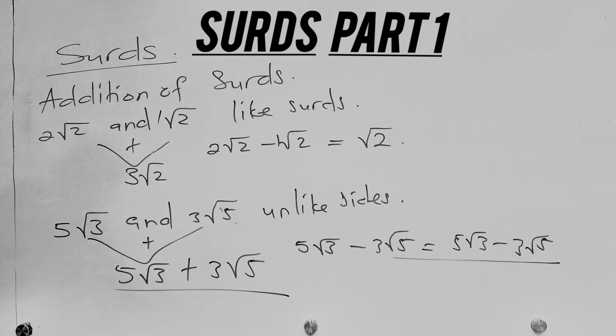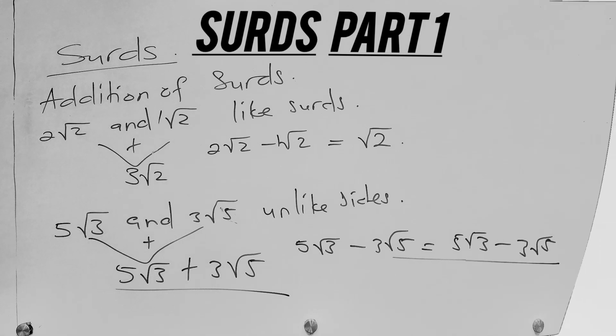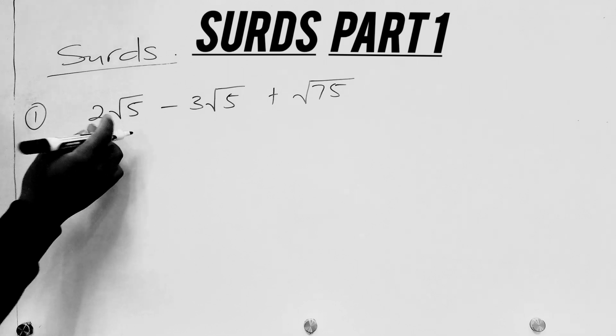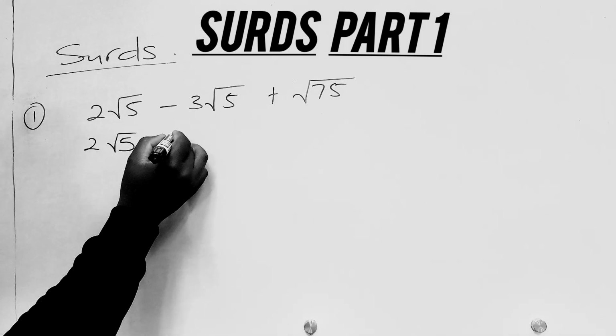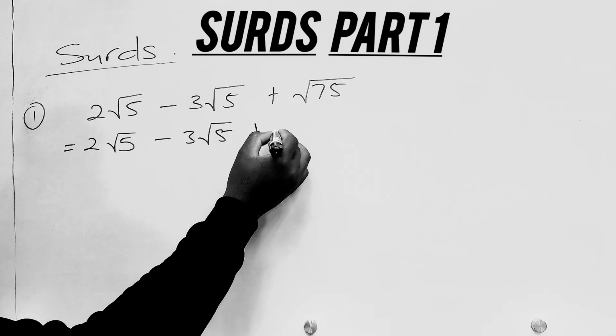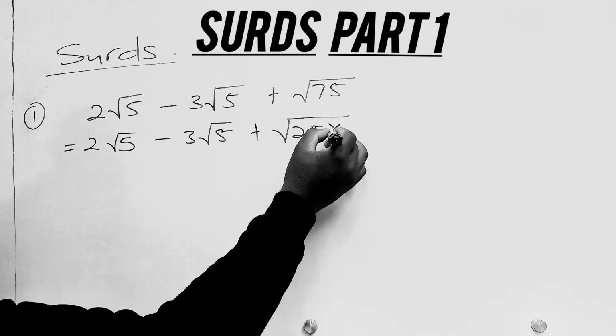Now let's have an example that includes addition and subtraction of surds. For example, 2 root 5 minus 3 root 5 plus root 75. Here we have root 75. 75 is not like root 5. So we try to simplify that root 75 to see whether it will be like root 5 or not. 75 is 25 times 3.